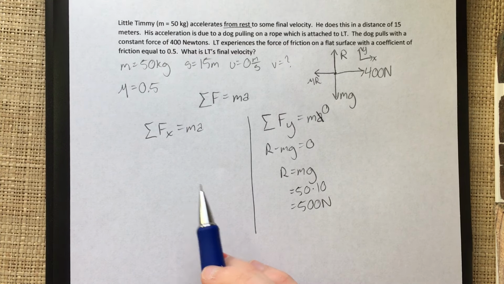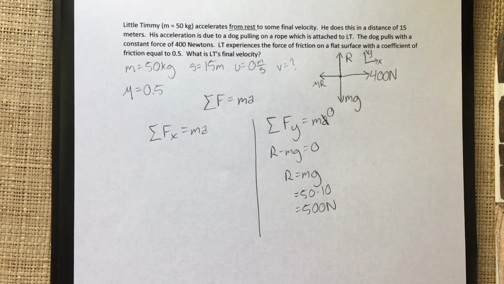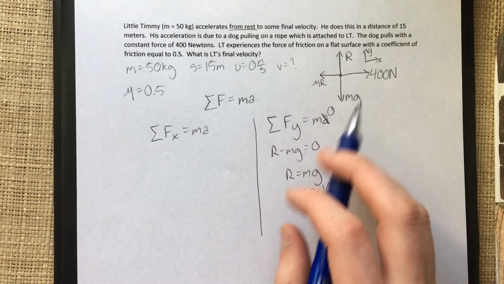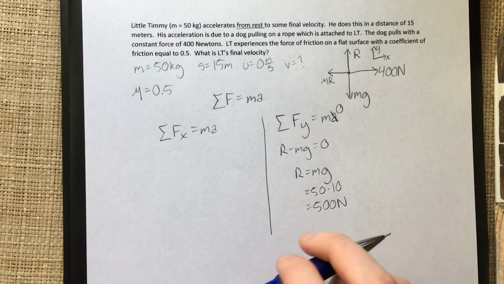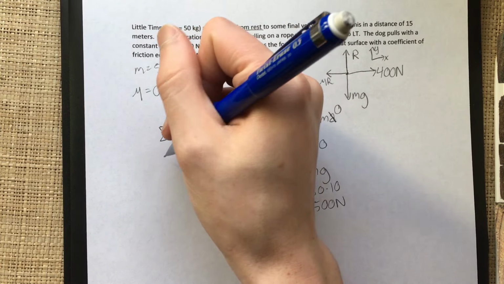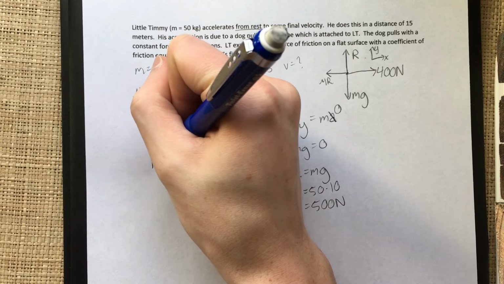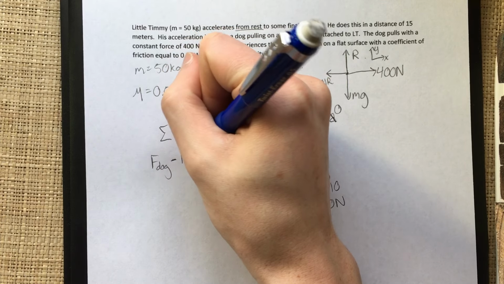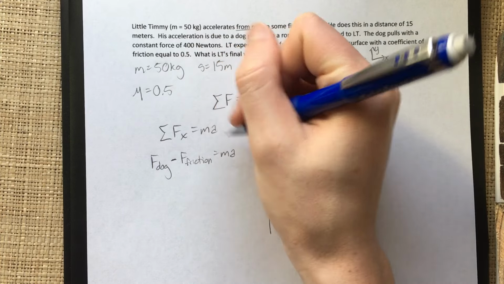Now, in the x direction, it's a little bit more complicated. The acceleration is not 0 because these two forces are not the same. He's moving in the direction that the dog is pulling him. So we have the force of the dog minus the force of friction, and this will equal mass times acceleration.